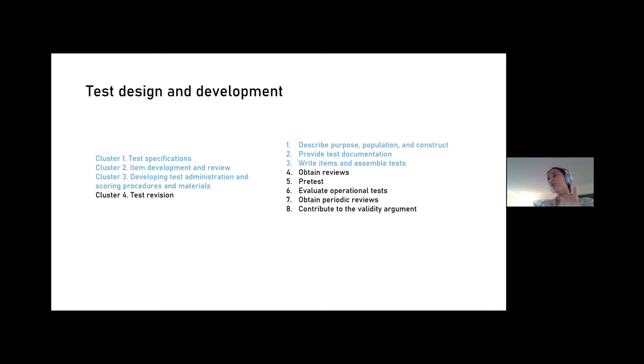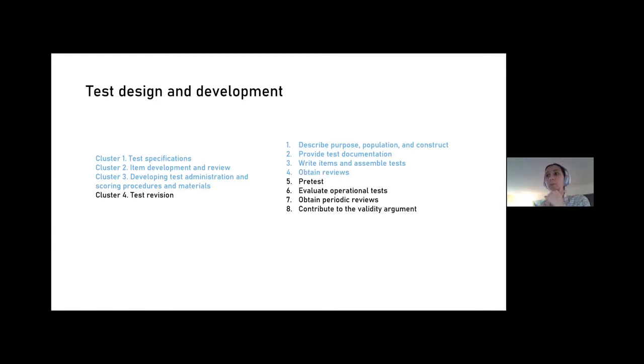So developers should follow procedures ensuring the intended interpretations of the test results, and that should be supported for various groups within the intended population of test takers. So they should also evaluate the extent to which the test is representing the defined construct and excluding sources of variance unrelated to the construct.